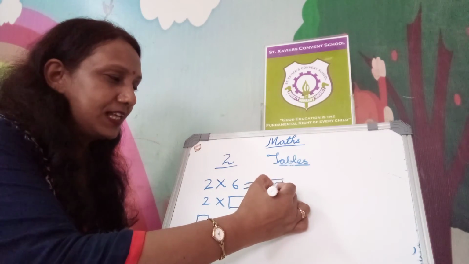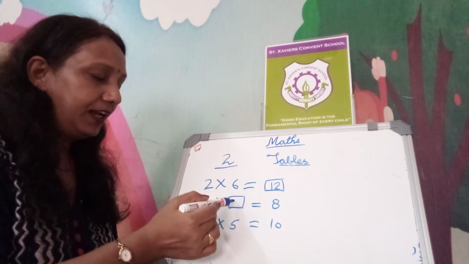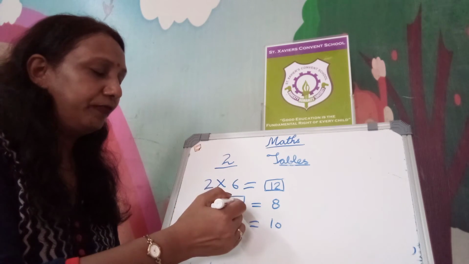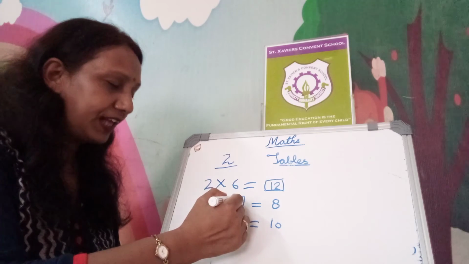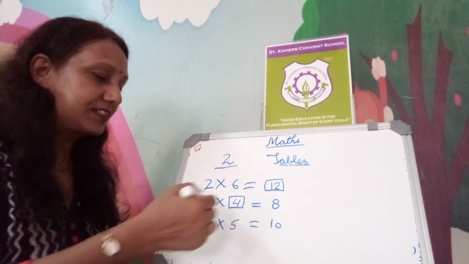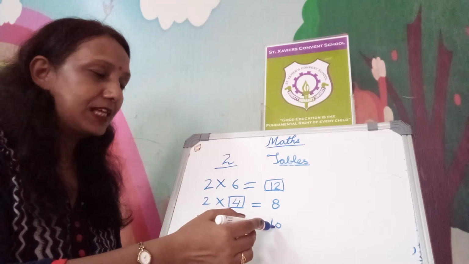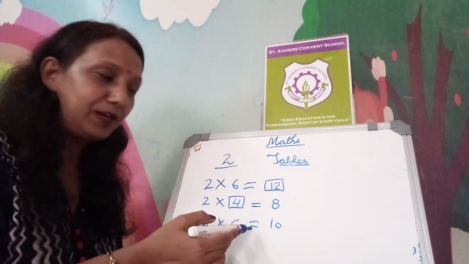Tell me the answer. 12. Now, how many times will we write here? 2 will go 4 times, then the answer will be 8. 2 4s are 8. Now, 2 will go 5 times, the answer will be 10.